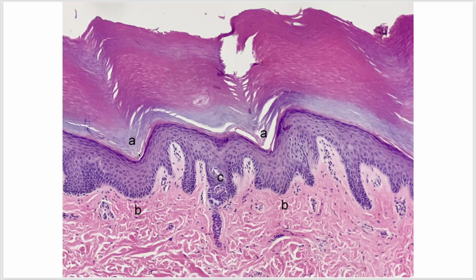This is the layer we call the stratum lucidum, and this layer only exists in acral skin, such as on the palm, the sole, or fingers or toes. Otherwise, there is no hair. So this is non-hair-bearing skin with a very thick stratum corneum and stratum lucidum.